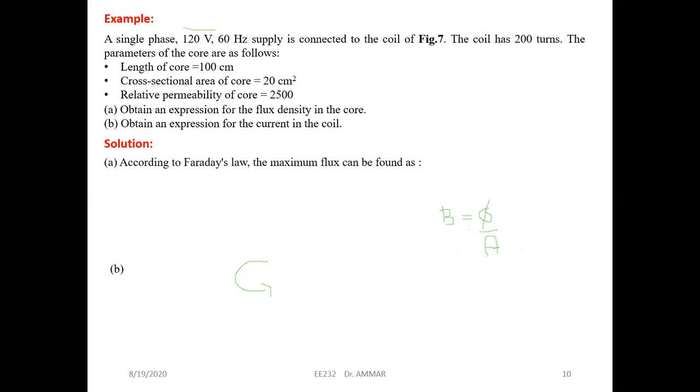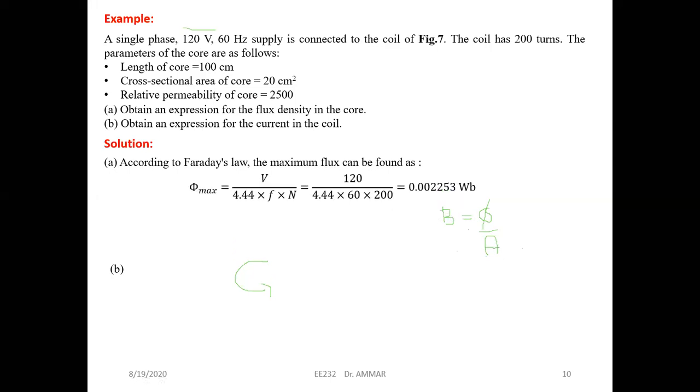We are looking for the field. How is A found? The cross-sectional area is given, of course. The cross-sectional area is 20 centimeters square. According to Faraday's law, the maximum flux can be found from the expression of the induced voltage.